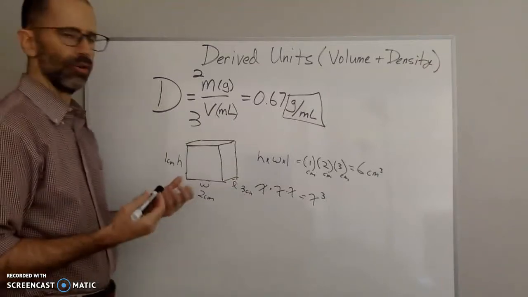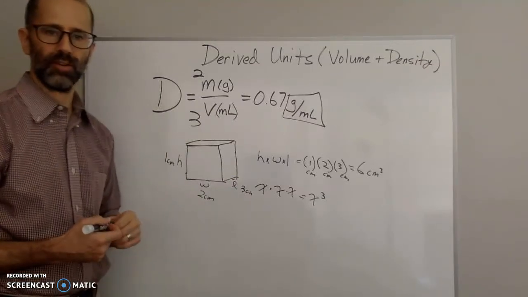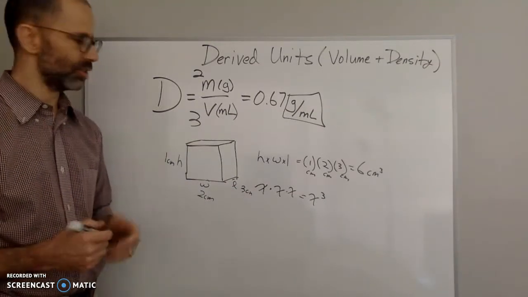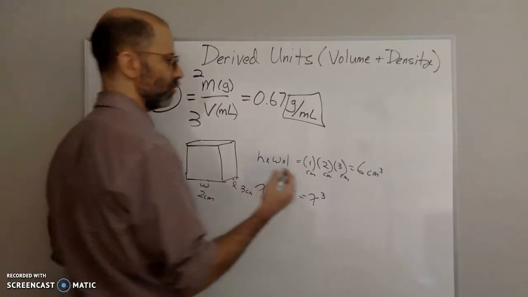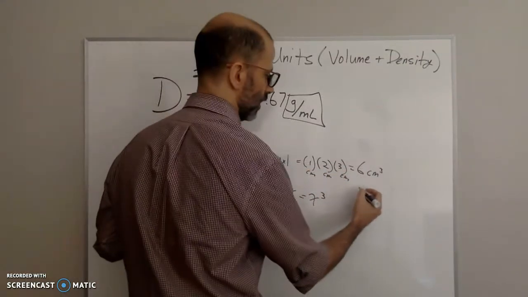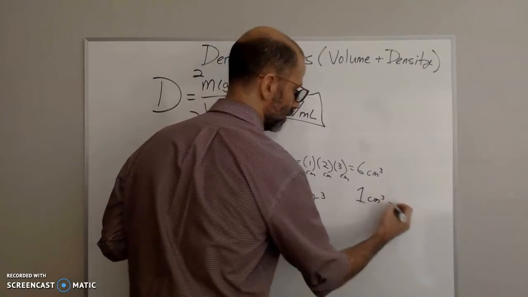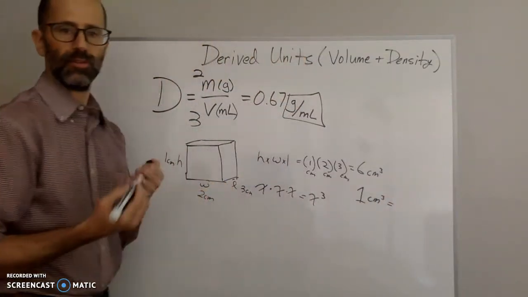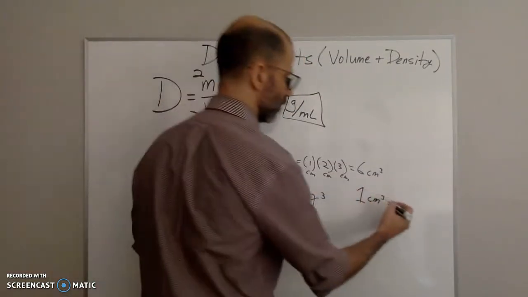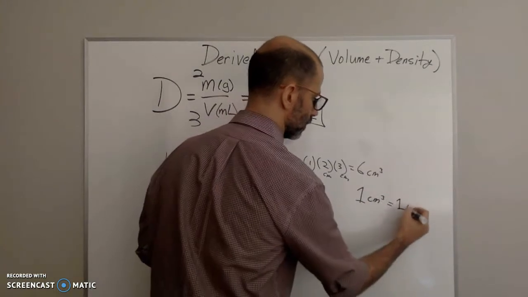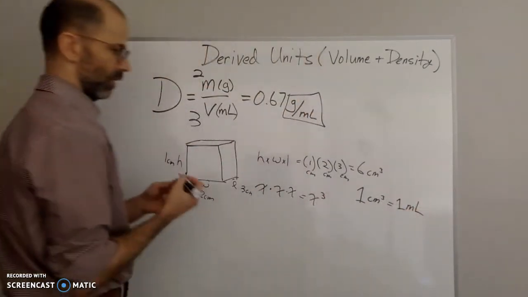So one of the things we also use for volume is milliliters and liters. So one of the things you want to keep in mind is 1 centimeter cubed is equal to, by definition, 1 milliliter.